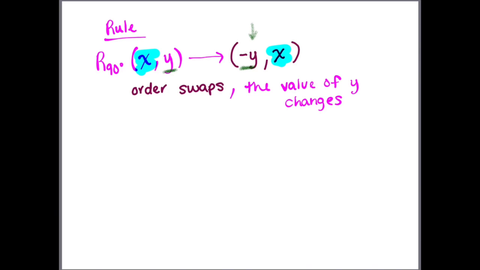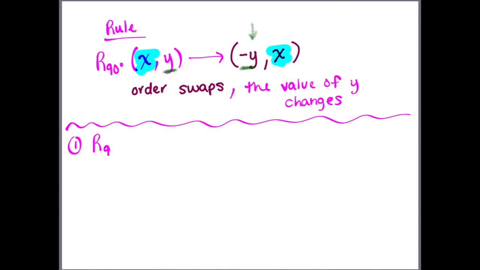So here's some quick examples to get you guys started on the practice for today. So we have example 1. Let's say I gave you a rotation of 90 degrees counterclockwise over the origin, and your starting point was (3, 5). Where would that point fall?